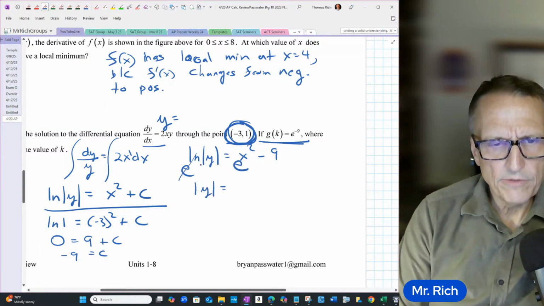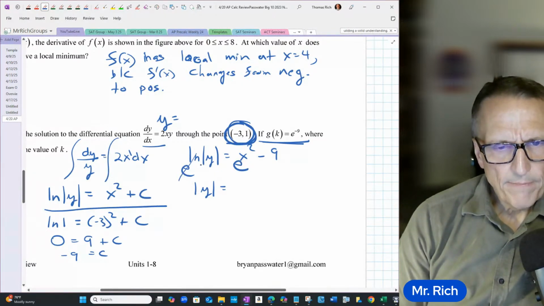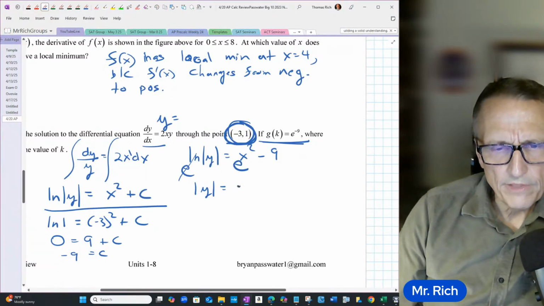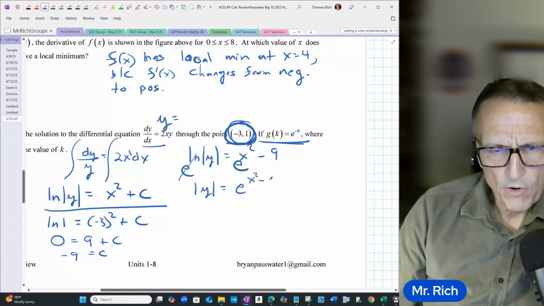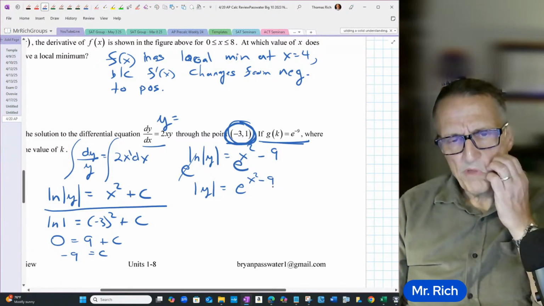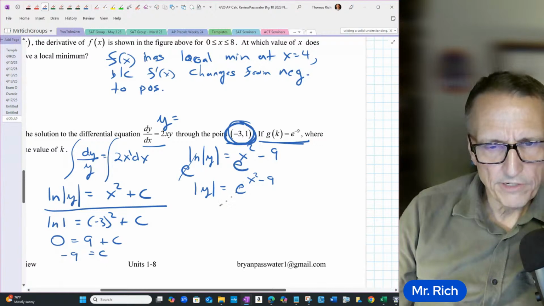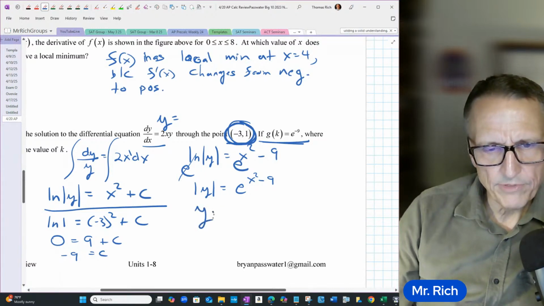Those are going to cancel because they are inverse operations, e to the power and log base e. This leaves me e to the x squared minus 9 over here. This is an exponential function, so it's always going to be positive. So I'm going to go ahead and drop the absolute value there.